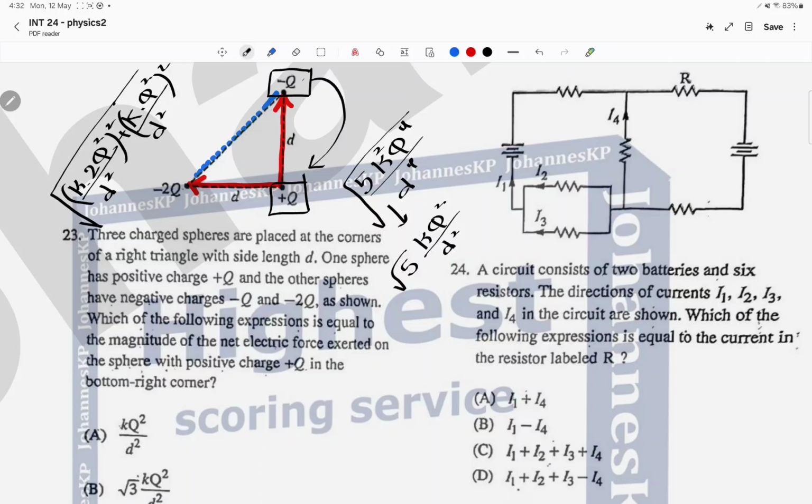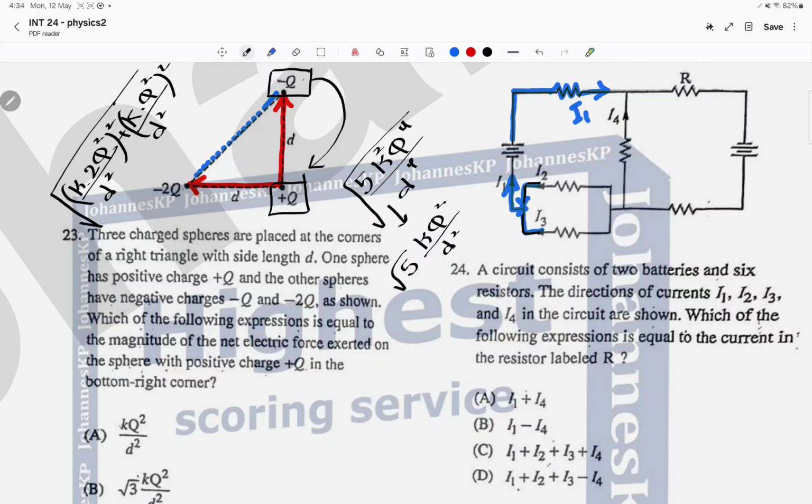Okay, so basically I2 and I3 would meet up here and give you I1, which will then leave and go through this guy. That's the I1. And it would meet with I4, because I4 is going this way.